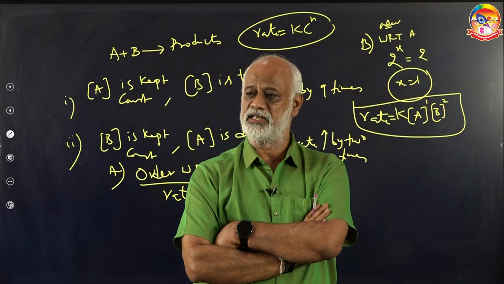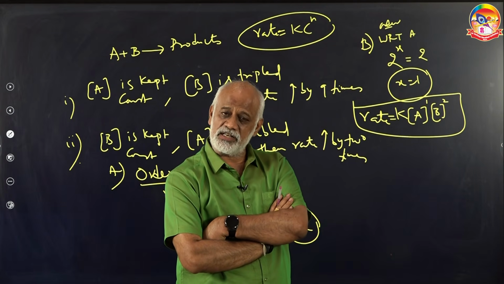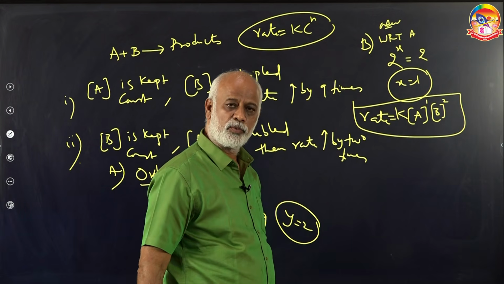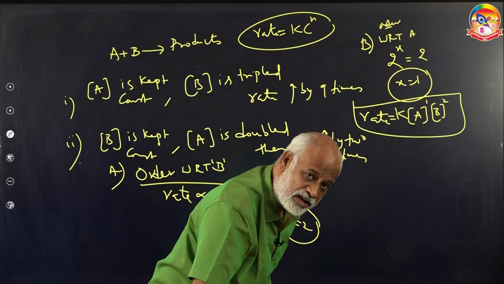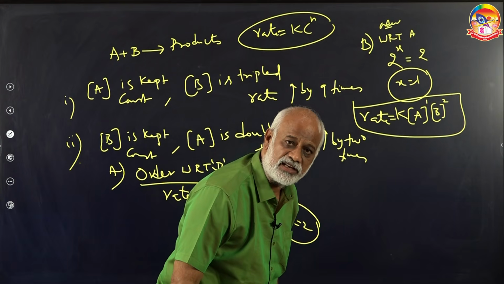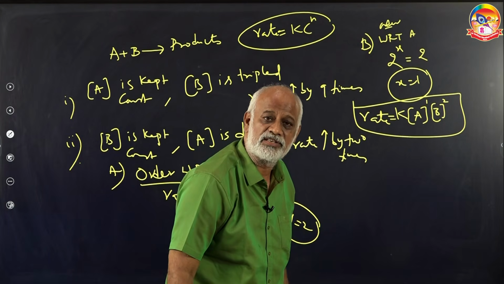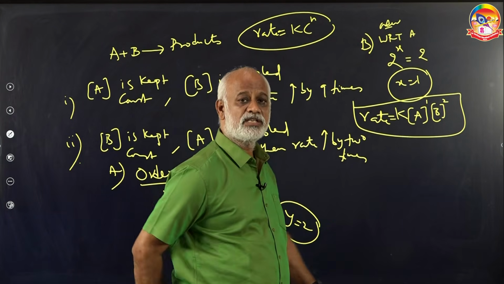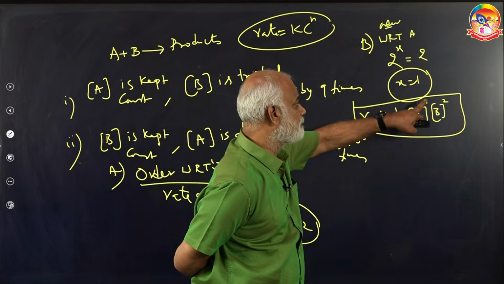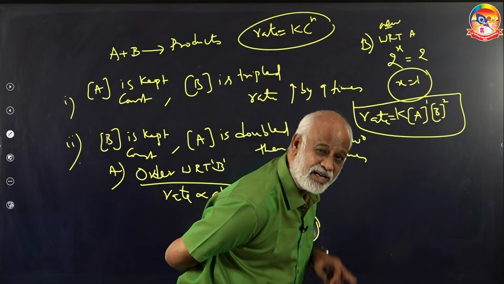A mathematical equation which shows the influence of concentration changes of the reactants on the rate equation. In this rate law, whatever are the powers for the reactant molecules, the sum of them is called the order. What is order? Order is the sum of the powers of the concentration terms present in the rate law.